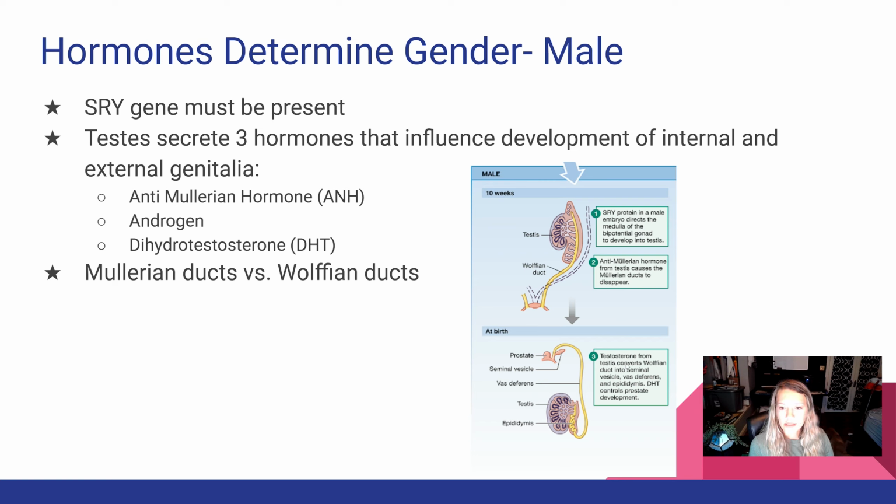Testosterone's job is converting the Wolffian duct into seminal vesicle, vas deferens, and epididymis. And then DHT controls prostate development. So they all play an important role in the testes and male development.